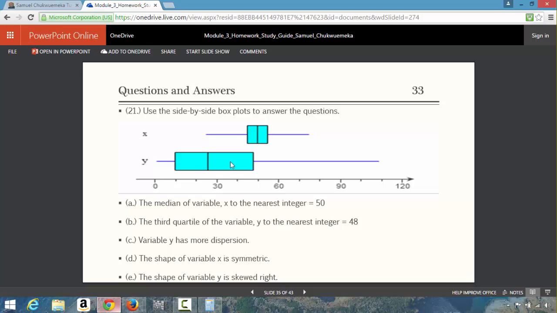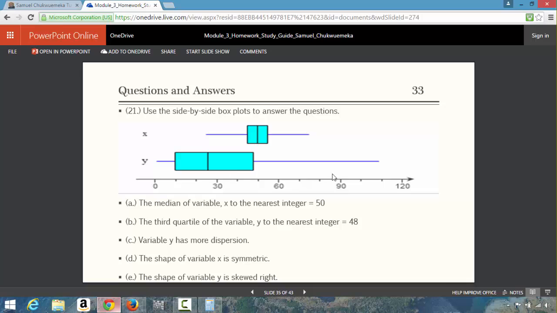And also the interquartile range. The interquartile range is Q3 minus Q1. This will be 48, maybe, minus Q1. Q1 is 10. 48 minus 10 is 38. Then here Q3 is maybe 50, let's say maybe 53, and Q1 is 40-something. 50-something minus 40-something is like 12, 13, 14.